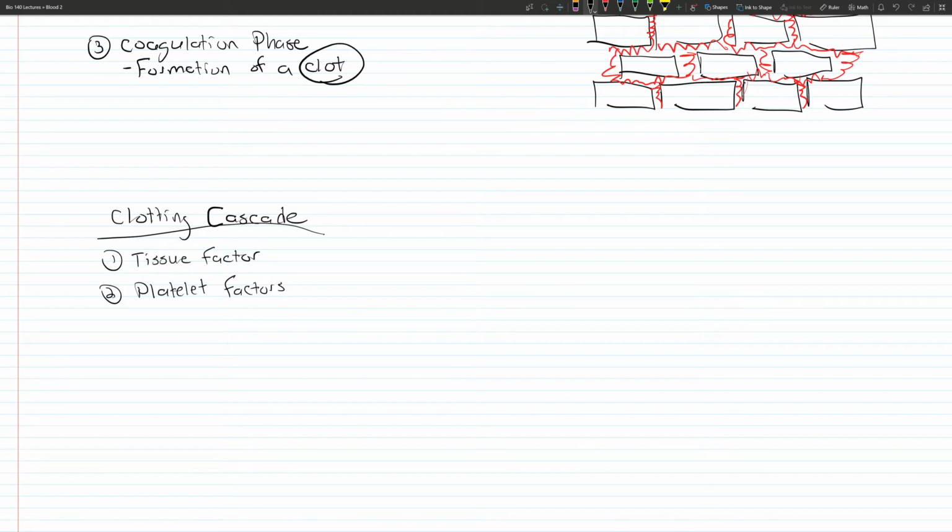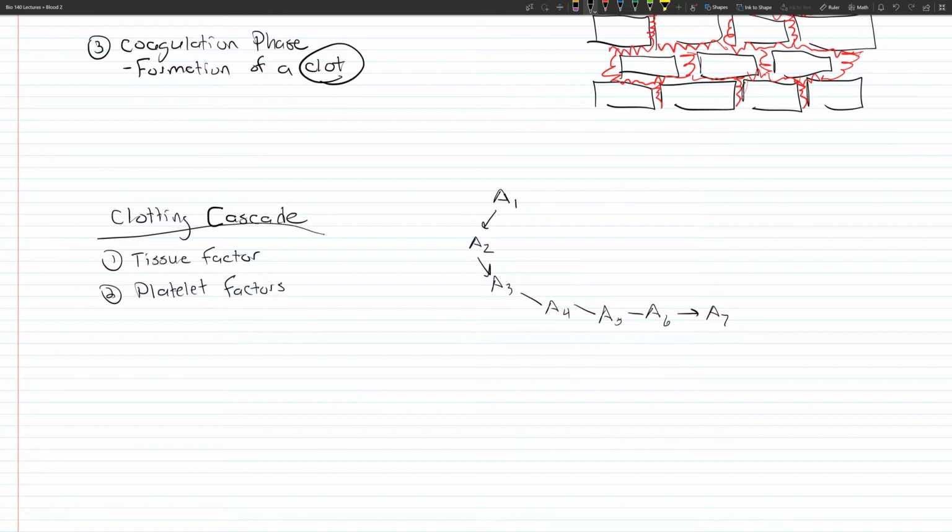Okay, so now what a cascade is. Let's say you have one element, element A1. When you activate element A1, it's going to activate element A2. When you activate element A2, it's going to activate element A3. When you activate element A3, it's going to activate element A4. And that's going to activate element A5, which activates element A6, which activates element A7.